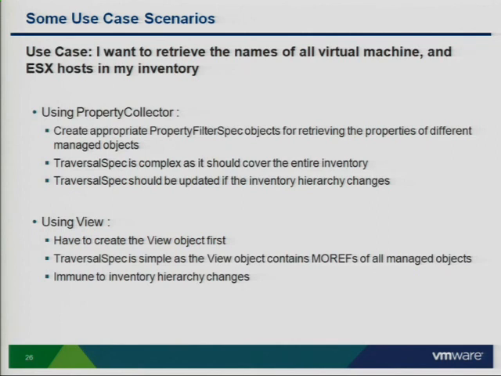But if my use case involves, let's say, getting everything that you have in your VI client and getting those updated, you would recommend using views instead of, let's say, using the regular property collector way of doing it. Yeah. The question is, if I have to get all the properties that are related to all the VMs or hosts within the inventory, and I want to keep track of changes to that, would you recommend using views?